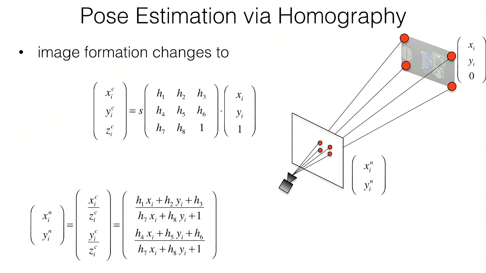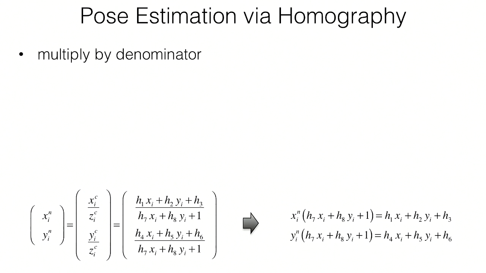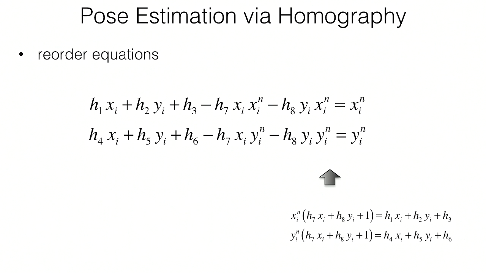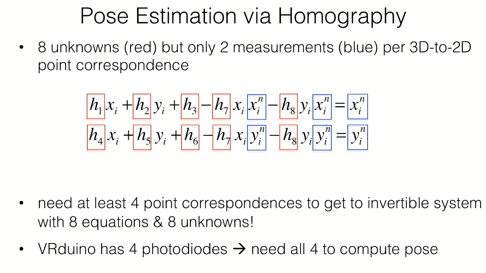So all we need to do now is shuffle around these equations a little bit by multiplying by the denominator and rearranging, and for each photodiode we get an x and a y measurement. These are the blue values here, x and y for each photodiode. That's what we measured. And we have 8 unknown values from the homography matrix. So this is an under-constrained problem because we have 2 equations but 8 unknowns. So we can't really solve it. How many equations do we need to solve this?